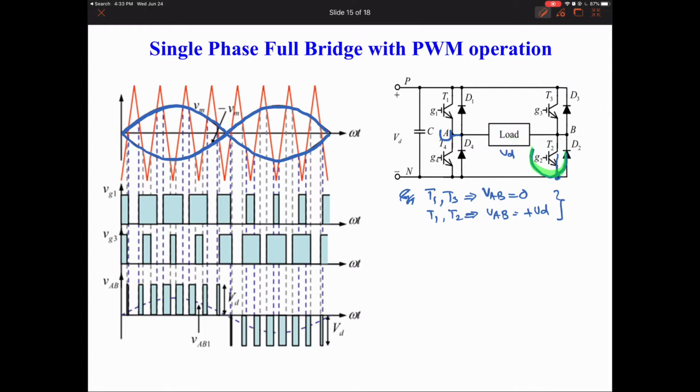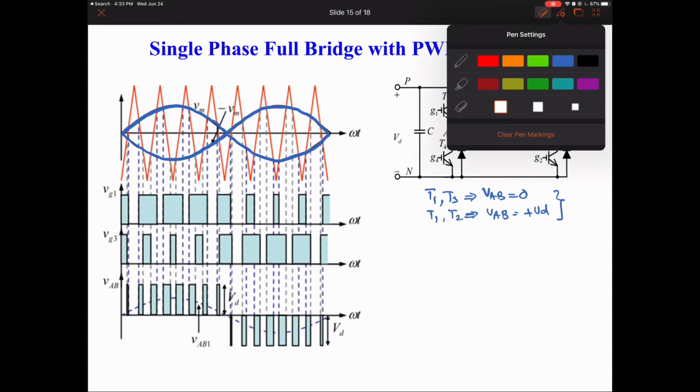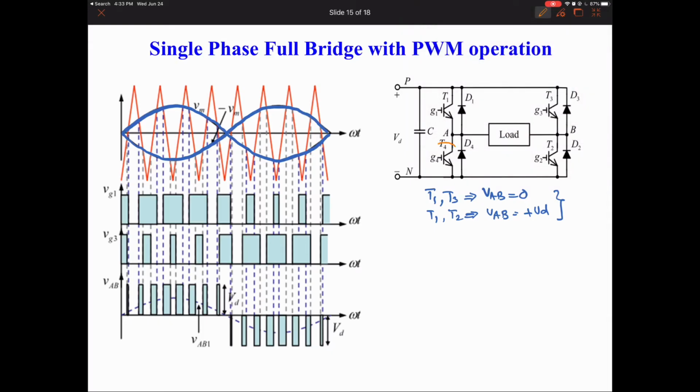Okay, now let's discuss the two other possible combinations of the switches. And what are those? If I turn on G4, along with that if I turn on G2, whatever will be the voltage at point A, same voltage will be there at point B. So if T4 is turned on along with T2, our VAB will be equal to 0, because on both sides of the load you will be having the same voltage.